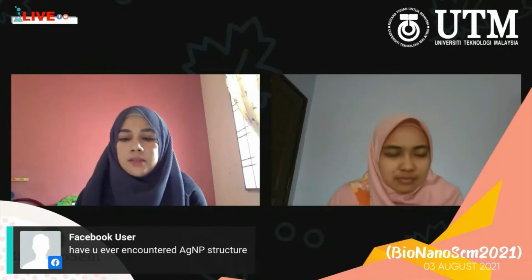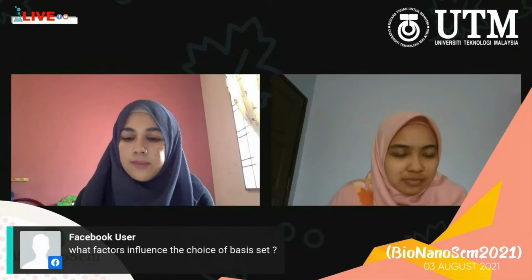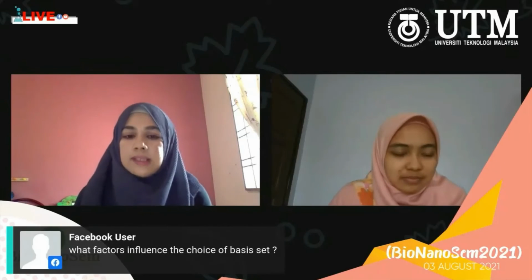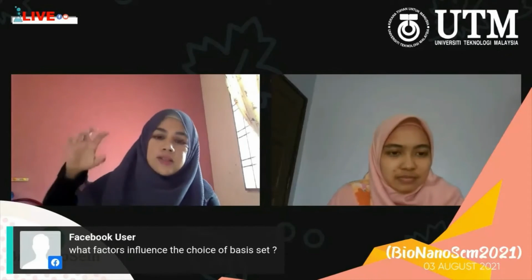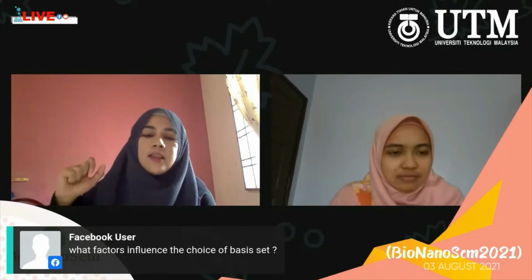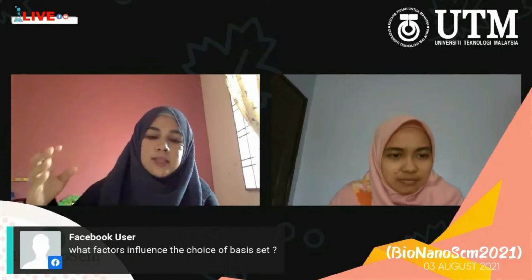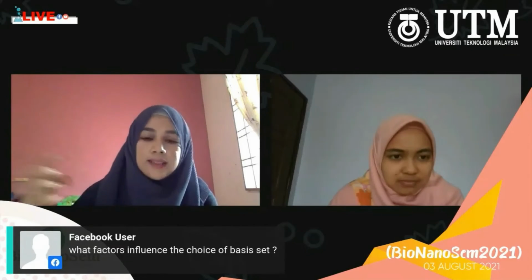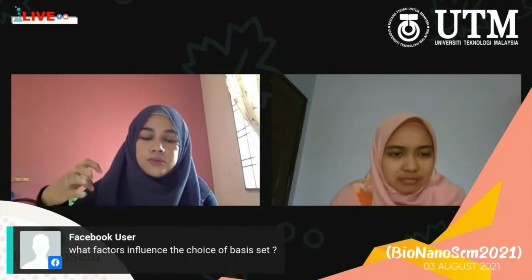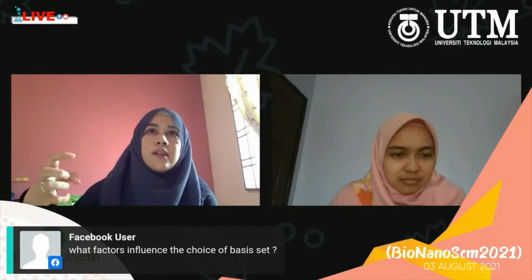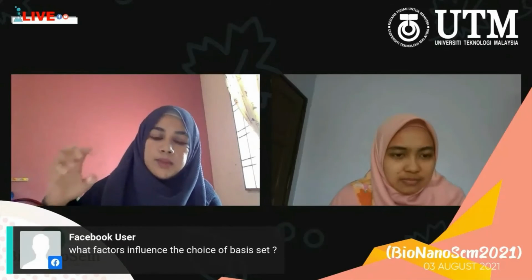Okay, question number 2, what factors influence the choice of basis set? Okay, it's a very important question. So it depends on your structure. It depends on what you want to calculate. Let's say you want to determine electron withdrawing or electron donating groups in it, or you want to identify whether polarizability is important in your calculation.